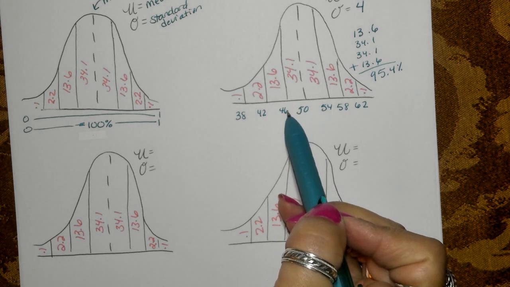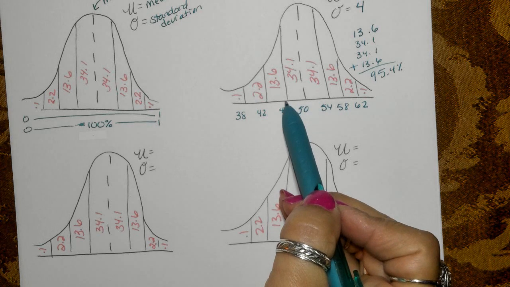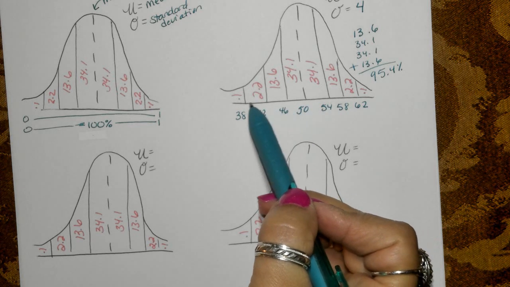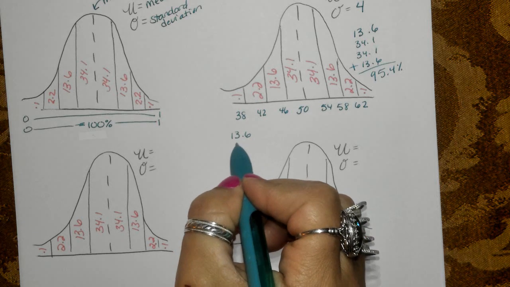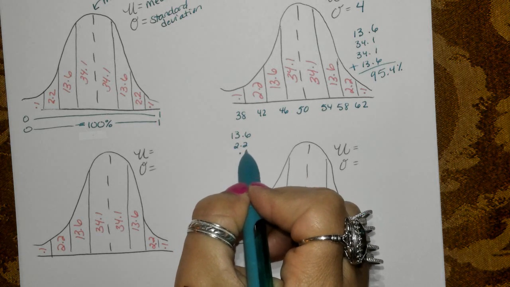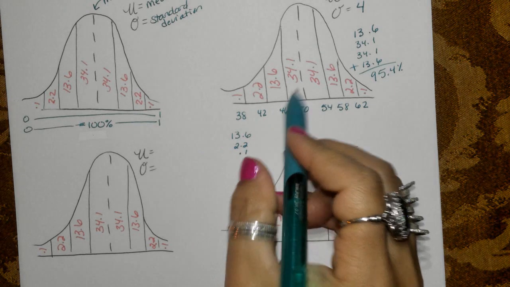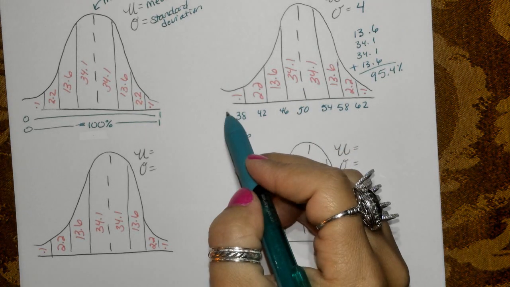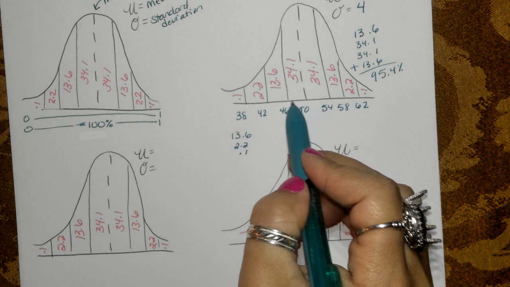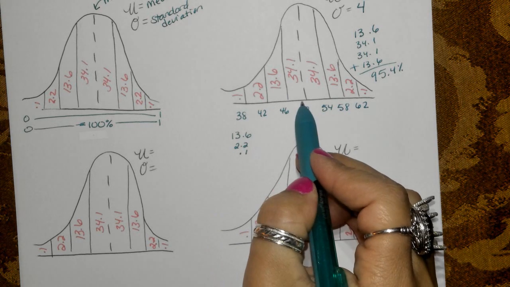Okay? Well, what's the probability of a student getting below a 46? I go to my 46 line and ask, what's the probability to the left? I have 13.6 plus 2.2 plus 0.1. Or you could say, I know this whole thing is 100%, and this side is 50.